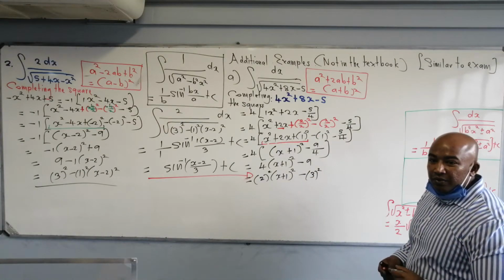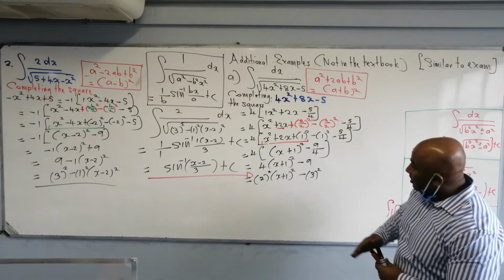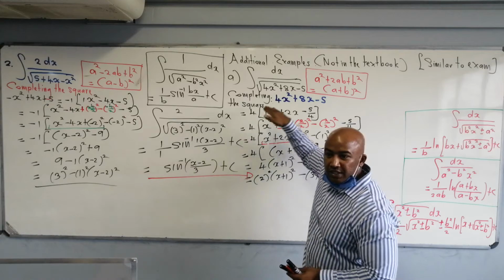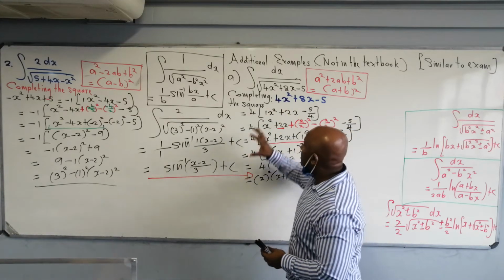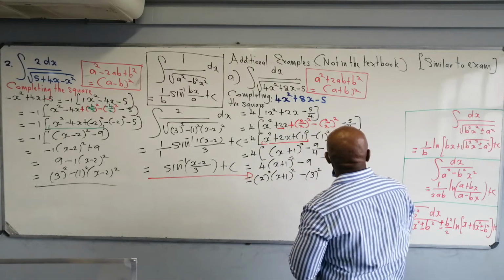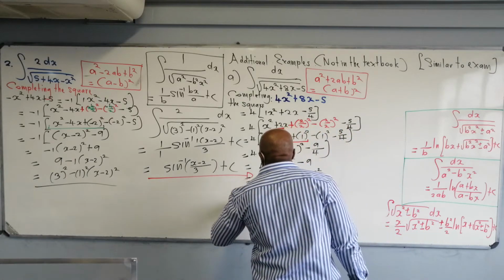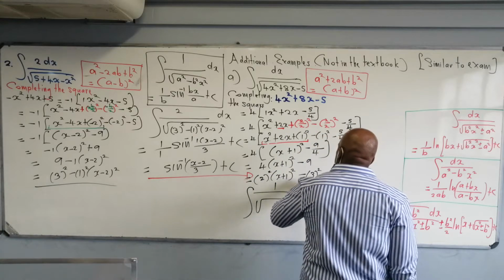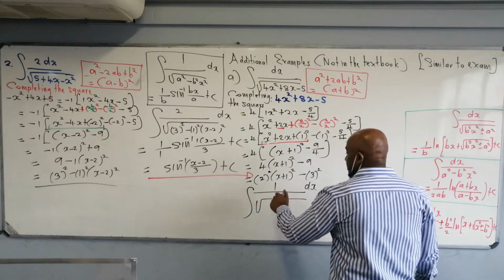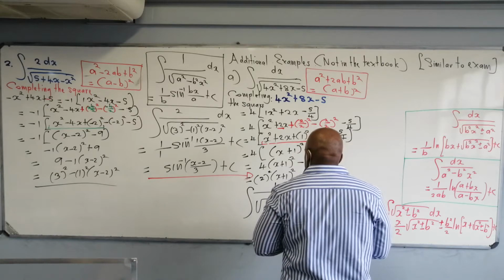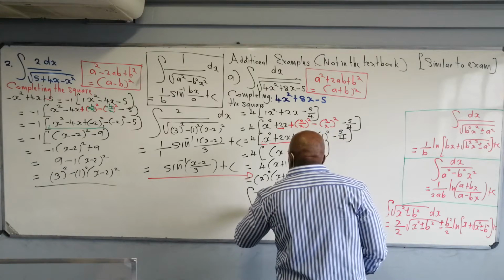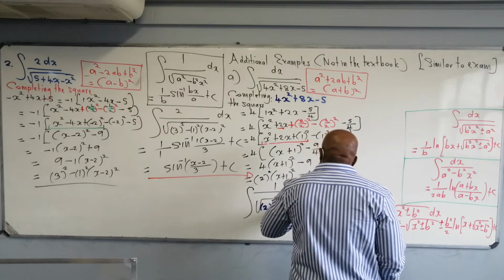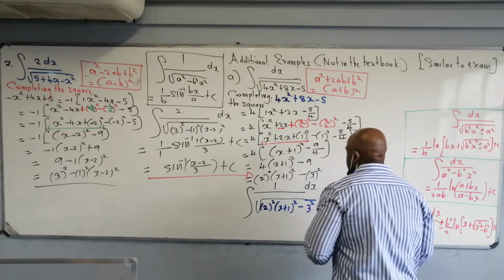Now we transfer this information back into its correct position, which is inside the square roots. This was the question. So now let's transfer it. So therefore we have the integral of 1 divided by the square root, dx, and then this is your 2 squared x plus 1 squared, minus 3 squared.